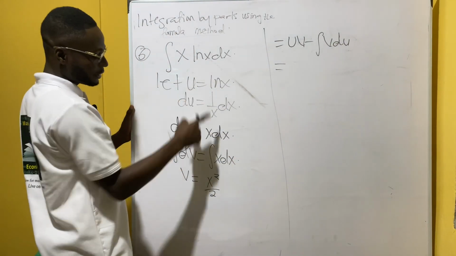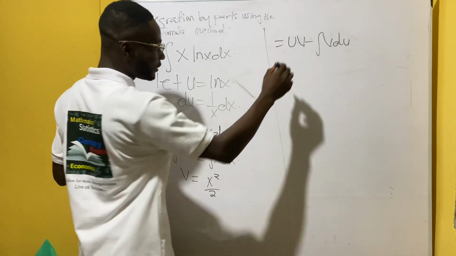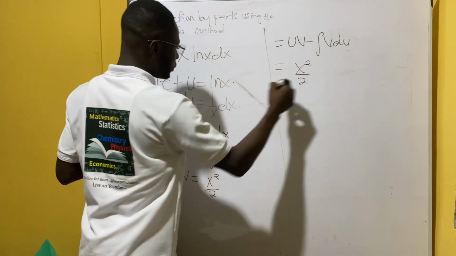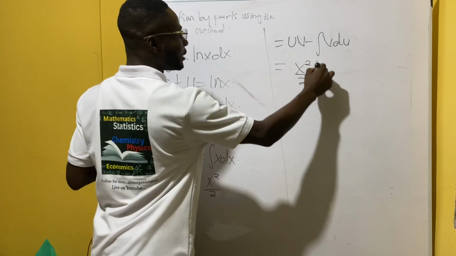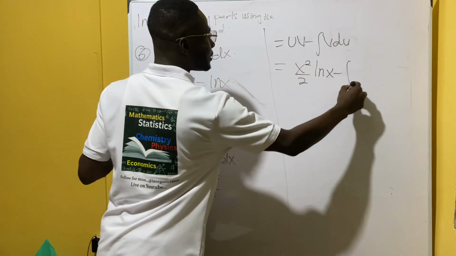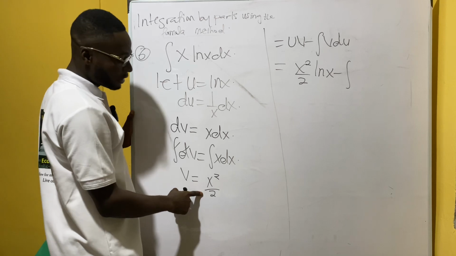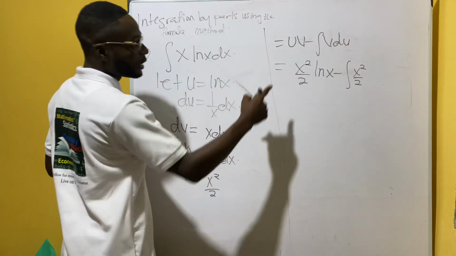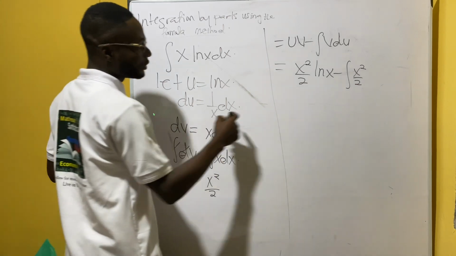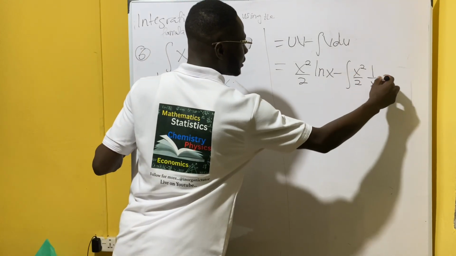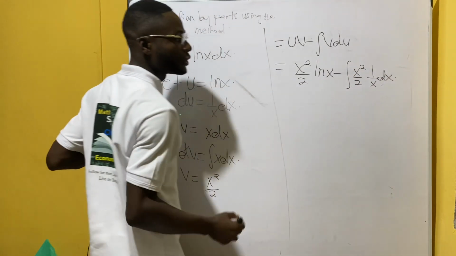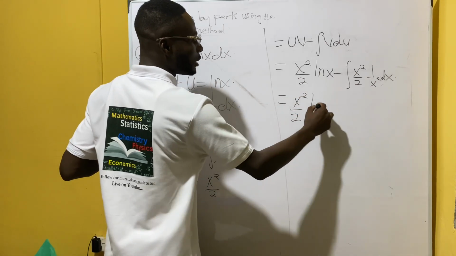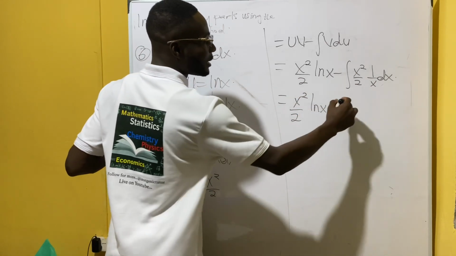The u is right here and the v is right here, so we have v, which is x squared over 2, and u is ln x, minus the integral of v, and du is 1 over x dx. Good. So we can see clearly that we have x squared over 2 ln x minus half.